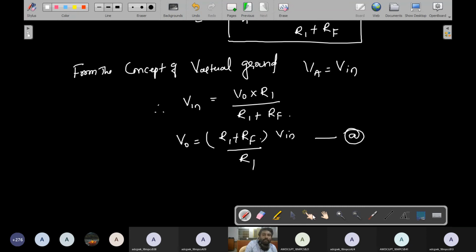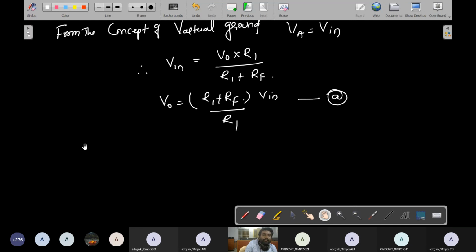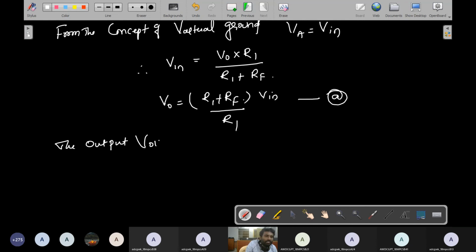Now simply compare this equation with the actual output voltage of an operational amplifier. The output voltage of the op-amp is V0 is equal to gain times Vin.